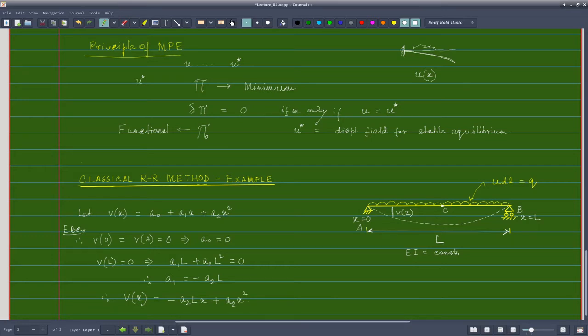So we now have only one unknown coefficient, a2. I can also simplify this as a2 x into (x minus L) if I want. So this is one equation. We have expressed my displacement as a quadratic curve having a single unknown.